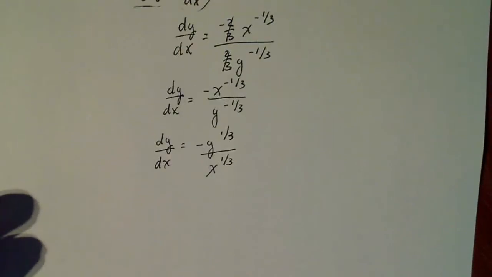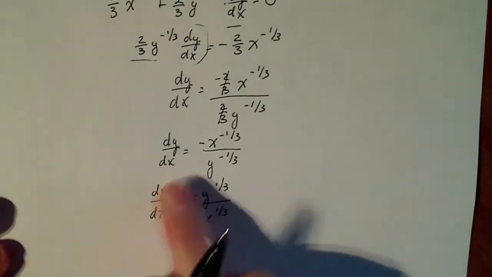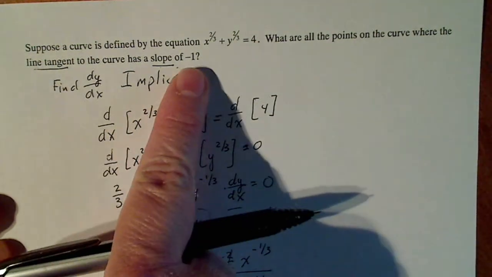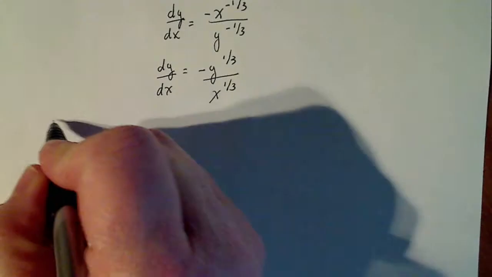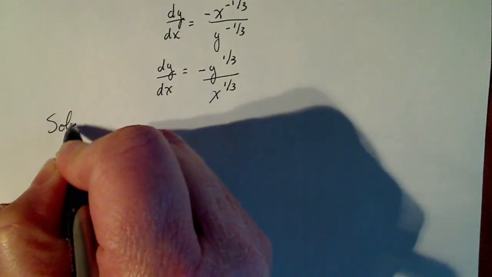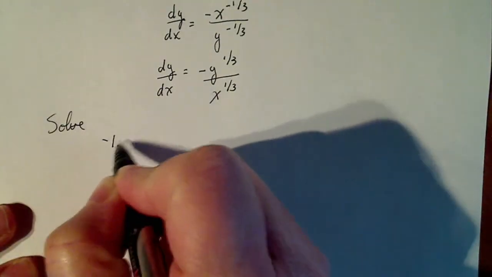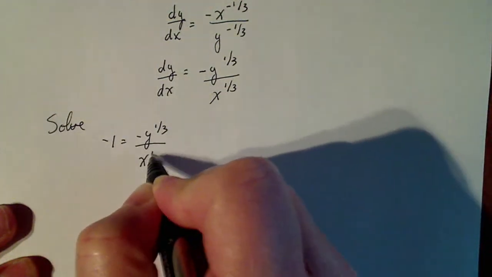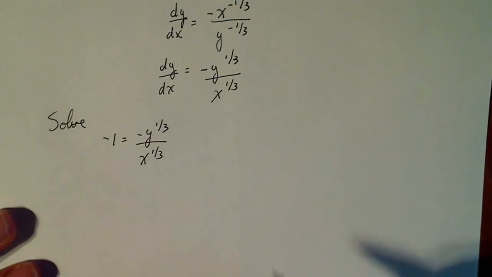Now again, if we look back up at the problem, we have our dy/dx, which is the slope of a tangent line, and we want that to equal -1. So what we end up having to do is solve the equation -1 equals -y to the 1/3 over x to the 1/3. That's what we have to solve.